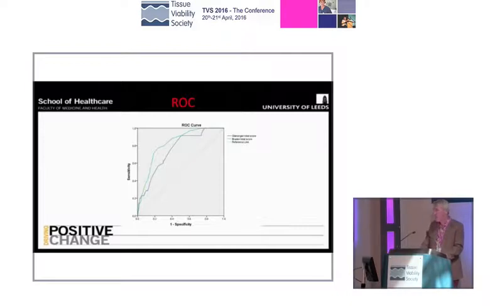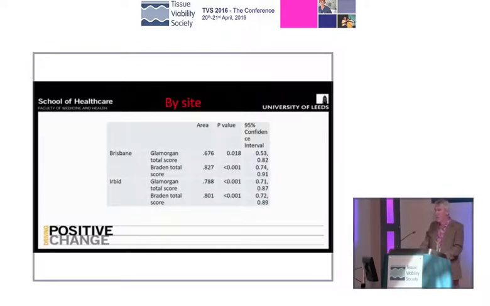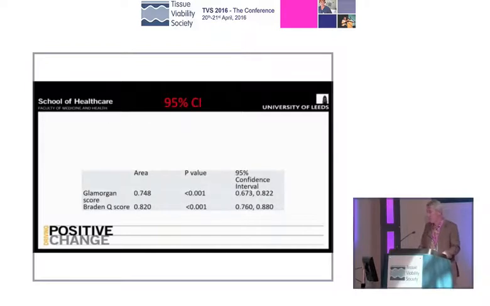And if you look at the area under the curve, which is the numerical measure, the Braden score scores higher, so therefore you would think it's the better tool, and it may be. But the confidence intervals of the 2 scoring systems overlap a lot, so there's no real evidence that one's better than the other. The difference between them could be due to chance. But our best guess is that the Braden score may be slightly better than the Glamorgan score on the overall population. But it's quite possible that that doesn't mean anything at all.